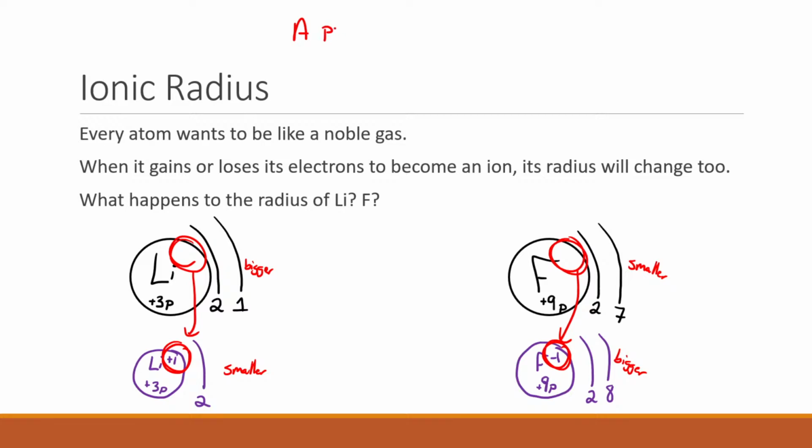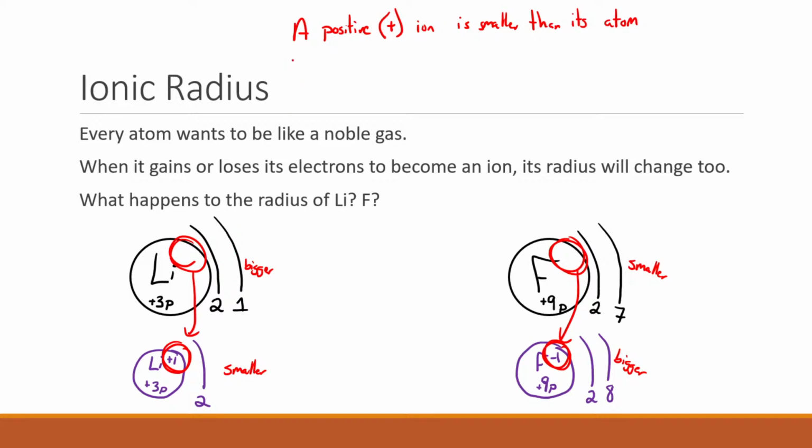A positive ion is smaller than its atom. Right, this positive lithium ion is smaller than this neutral lithium atom.